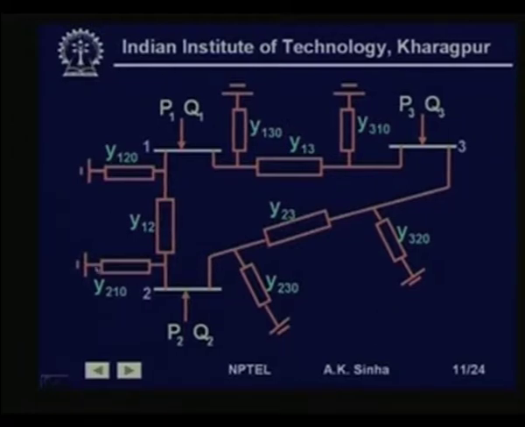So, this pi equivalent model is representing line L1 which is connecting bus 1 and 2.